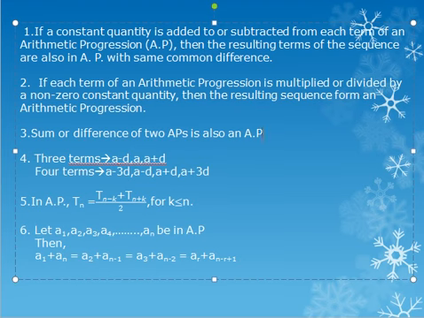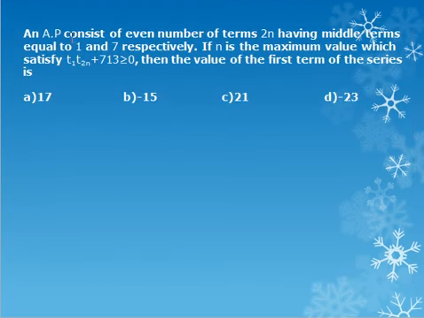So let's check it out. An AP consists of an even number of terms, 2n. So it's not n, it's 2n. So it's already showing that it's even in 2 ways: it's telling even, and the number of terms is 2n. Having the middle terms equal to 1 and 7 respectively. I showed the general formula of the middle terms in even numbers on the previous slide.